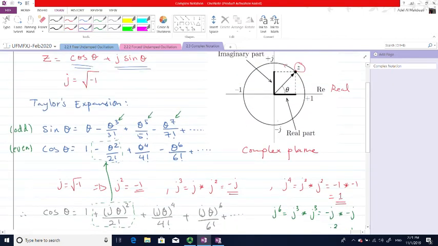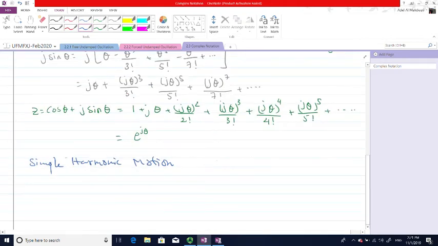This z, which is the complex number, is rotating at an angular velocity omega. So the speed of rotation of z depends on theta, and theta is equal to omega t. So the angle is the speed multiplied by time.